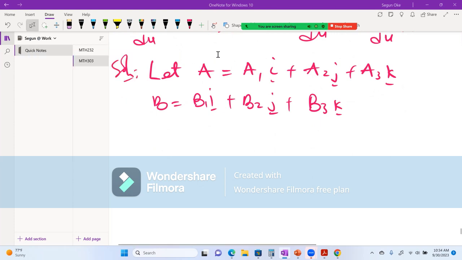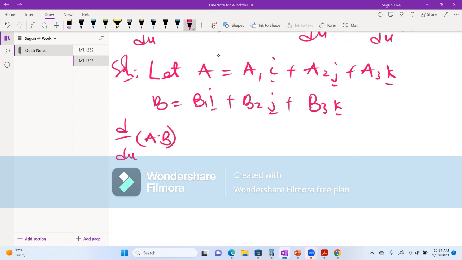So, component by component, that is i to i, j to j, k to k. So d/du of A dot B would now be d/du in bracket A1 B1.